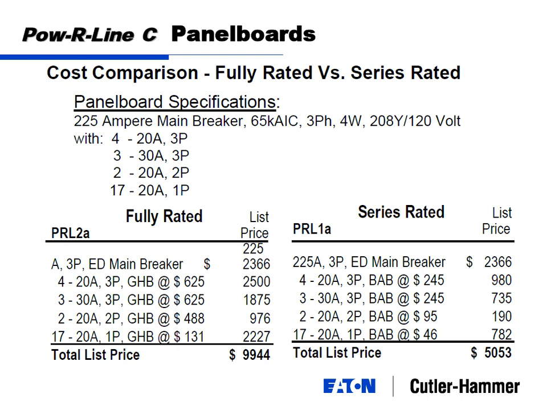Same price. Now I can use a different feeder breaker. And this is where you're going to save money, because these are my 10,000 amp rated feeder breakers. These are 625 bucks a piece. These are 245 bucks a piece. So with all those feeder breakers, I went from right around $10,000 to right around $5,000 for my panel.